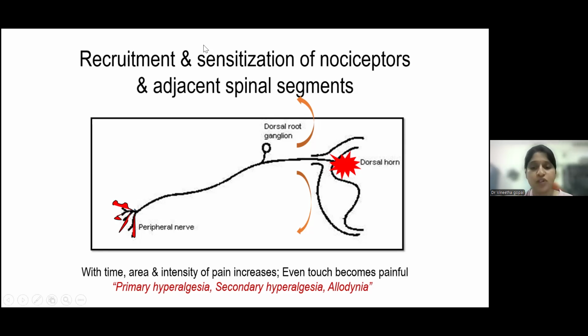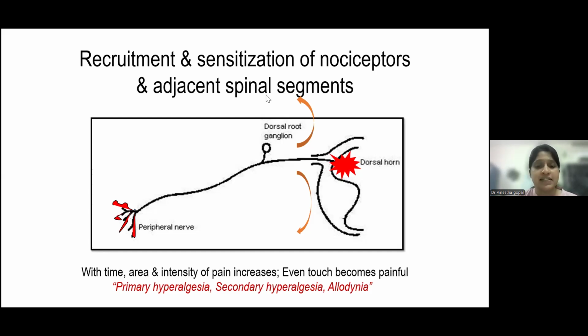Any answers in the chat box? Okay. It means, as I have told, because the receptive field is increasing, my injury is in the C6 dermatome, but even if I give a noxious stimulus in the C7 dermatome, there will be an exaggerated response.